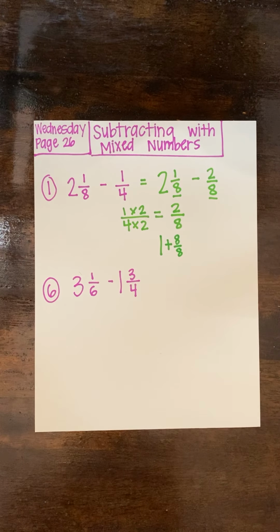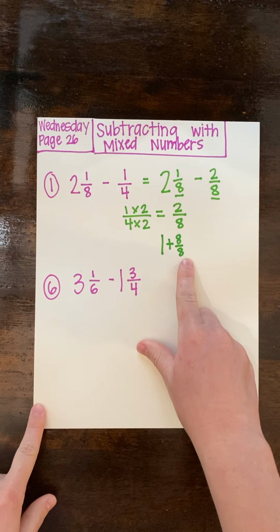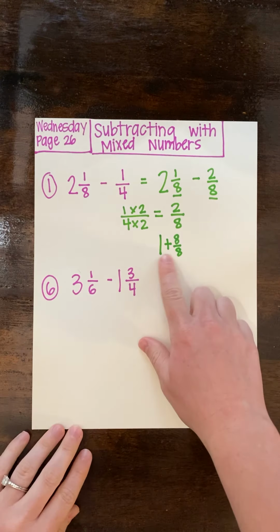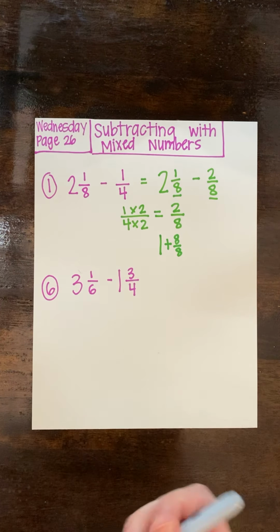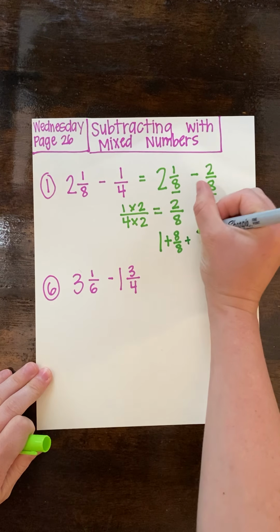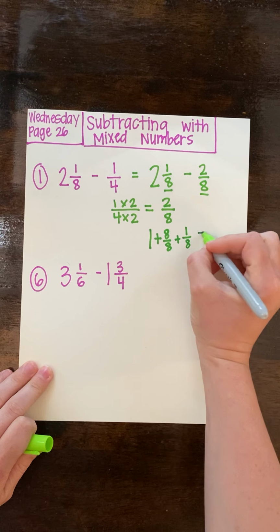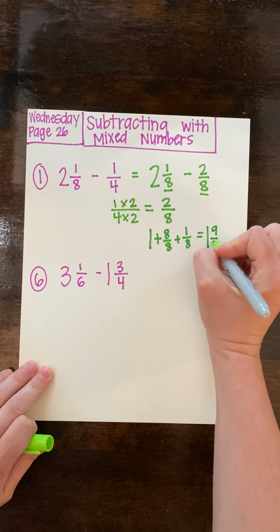So I'm going to split it apart like that. So this is equal to that 2. I just rewrote it like this. That way I'm going to be able to subtract. But I didn't just have 2. I had 2 1/8. So I'm going to write that down as well. So I have 1 plus 8/8 plus 1/8, and that's going to be equal to 1 9/8.